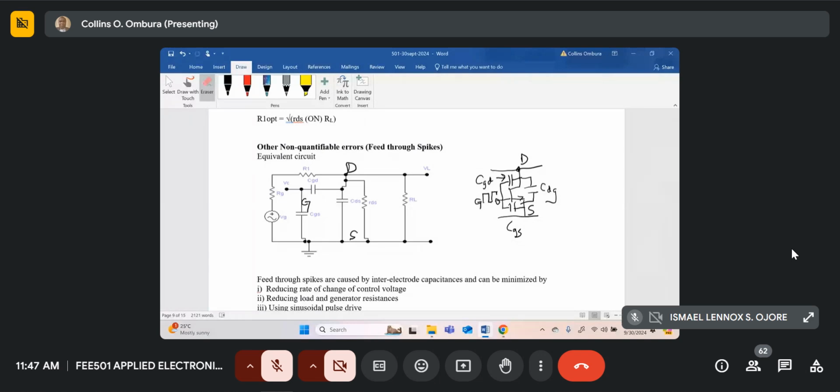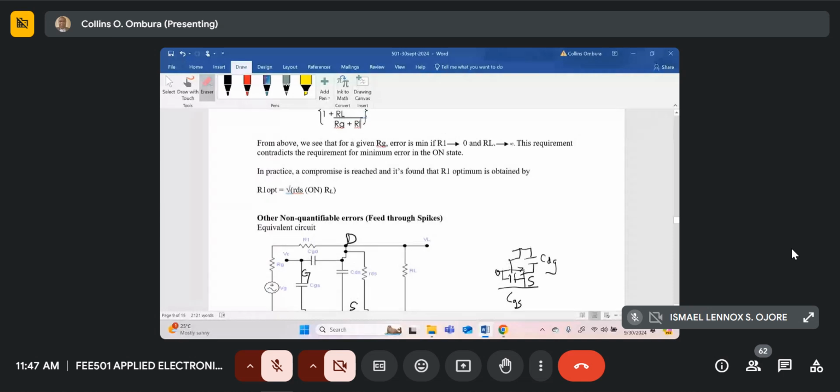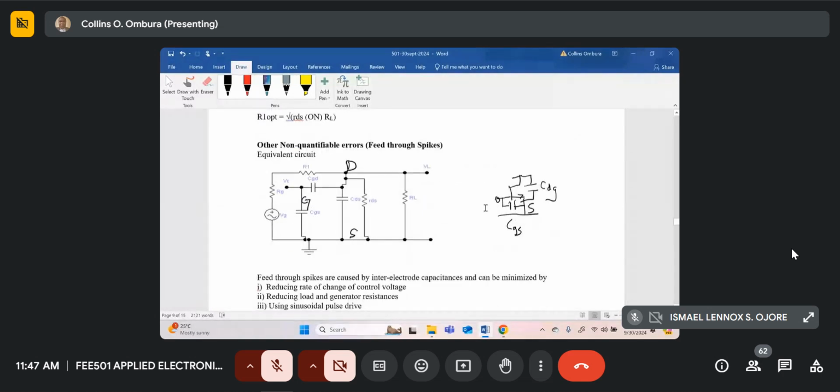Let me just draw a better diagram here. So we've seen one where this is 16 picofarads, and this was about 5 picofarads.